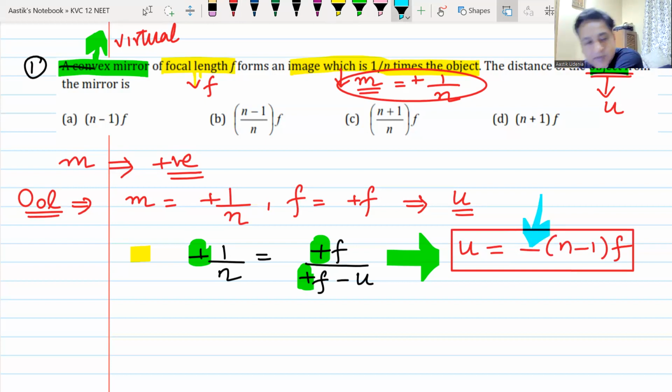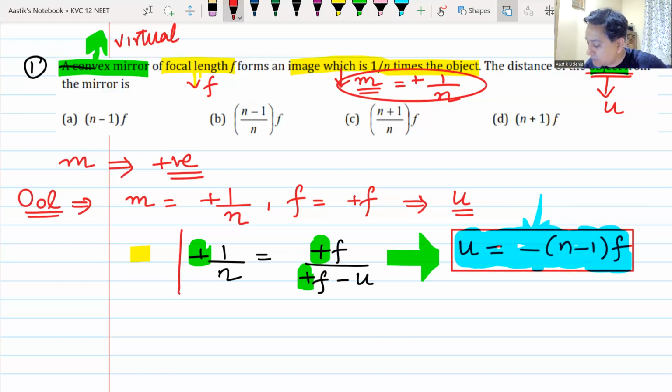This minus sign is coming because the object is real, and your answer will always come with the proper sign convention. Do we understand this?